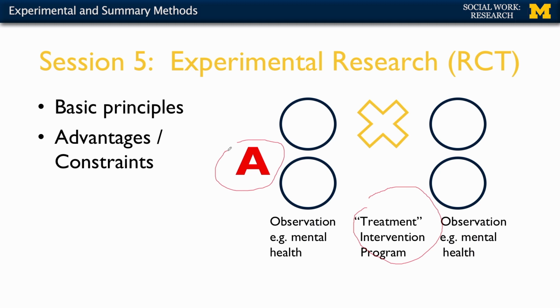We talked about an investigator assigning that treatment so that some individuals would receive the treatment, some individuals would not receive the treatment, and then we would observe the outcome in terms of mental health for those who did not receive the treatment. We would observe the outcome in terms of mental health for those who did receive the treatment.